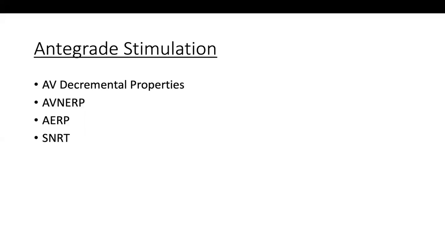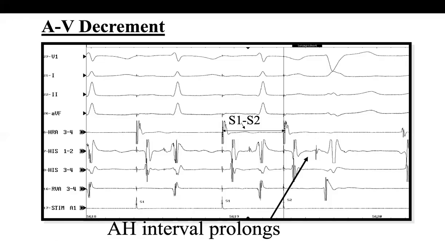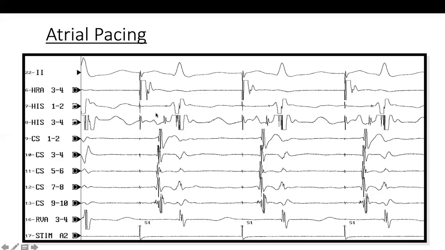Sometimes you use it if we are thinking about sinus node dysfunction. For example, this is atrial pacing at a certain rate, and if we see S1 and S1 in all these paced beats, most likely we are talking about fixed paced intervals.